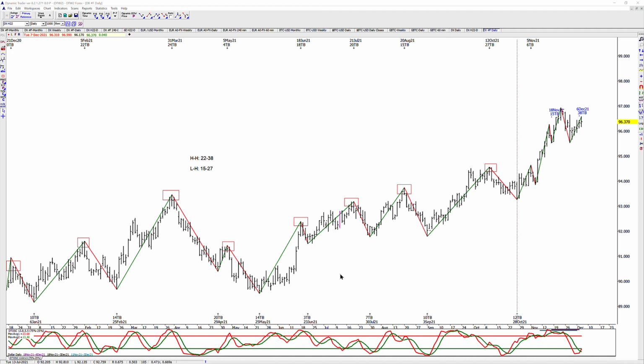So it's not something that we read in a book, that the dollar index should have a 26 trading day cycle, high to high or low to low or whatever. We actually look at the data and see, is it fairly regular reversals, that sort of thing? And if so, then we can identify the probable time band.